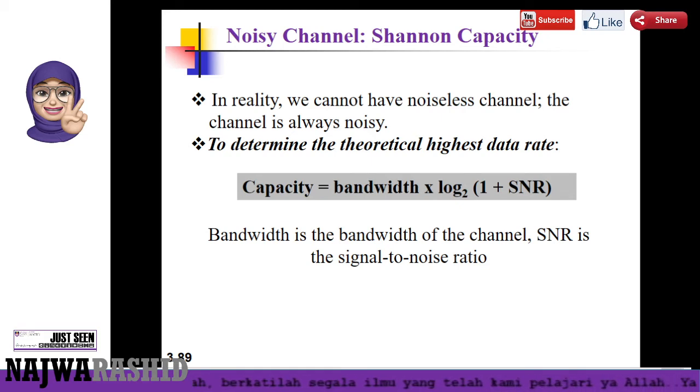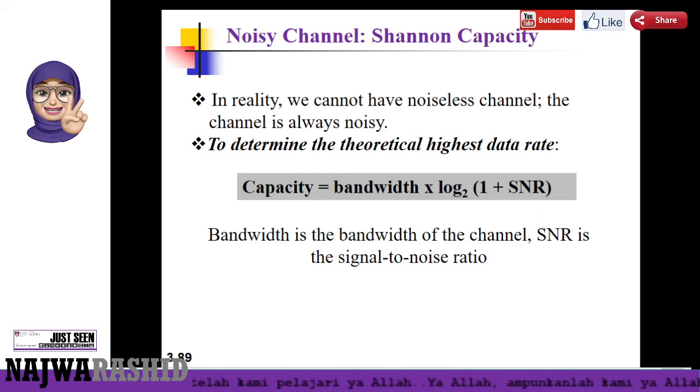All the transmission media that we have can still pick up noise, but how strong the noise is depends on the channel itself. So to determine the theoretical highest data rate, the capacity is equal to bandwidth times log of 1 plus SNR.